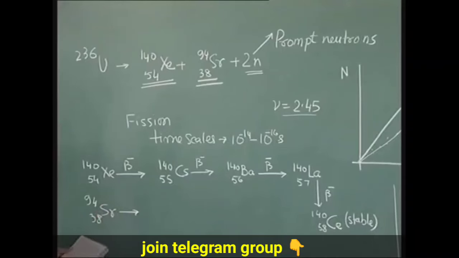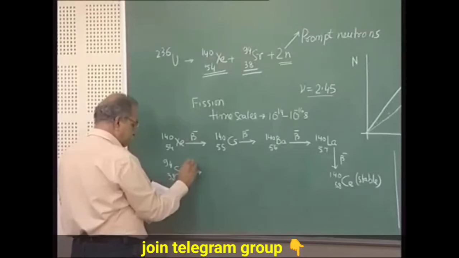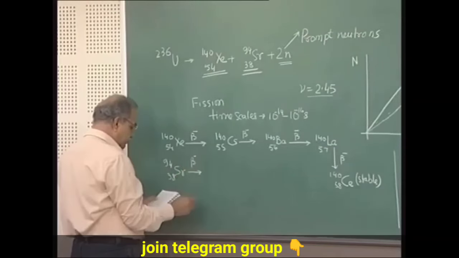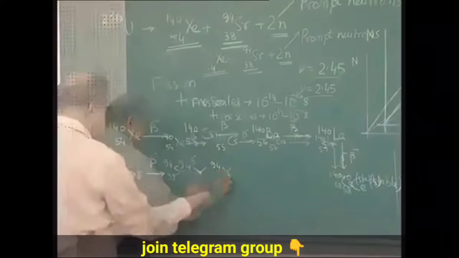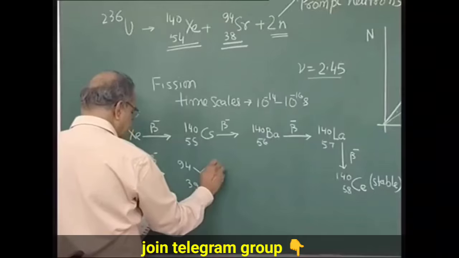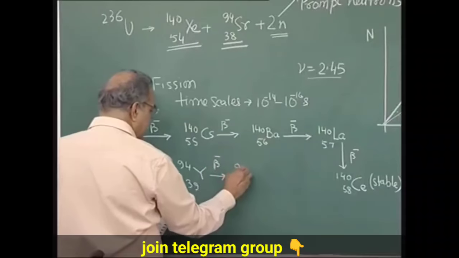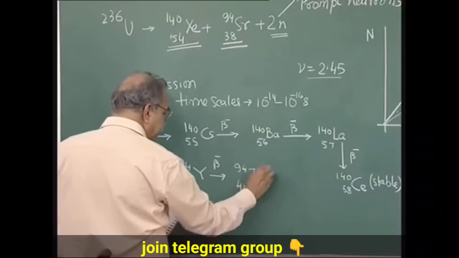This also has an excess of neutrons. So, it beta decays to 94 Y, yttrium, and that beta decays to 94 zirconium, and this is stable.